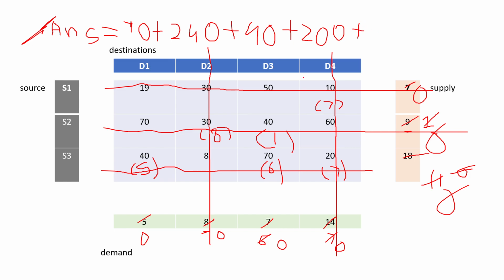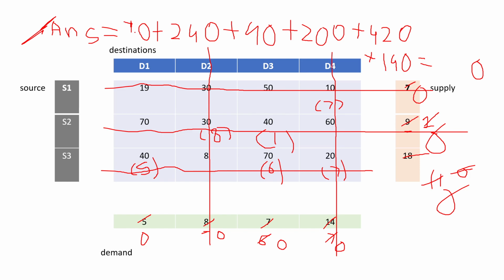Plus 70 into 6, 420. Plus 20 into 7, 140. So it's equal to 0.